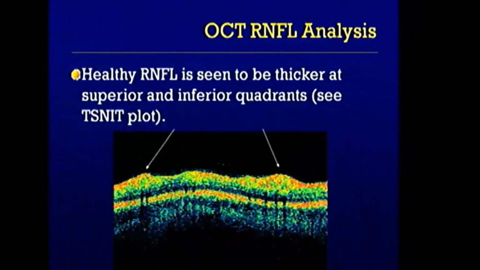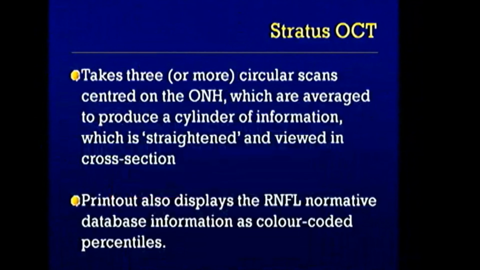The retinal nerve fibre layer is thicker superiorly and inferiorly, like we'd expect, similar to rim tissue. And the 3 scans taken can be averaged to give a more accurate representation of the average nerve fibre layer thickness.